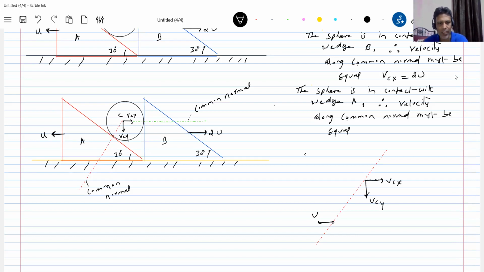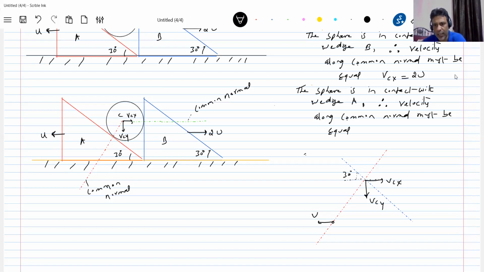So how to bring that 30-degree angle? Take help of this. So where is the 30 degree? This will be 30 degree, no?